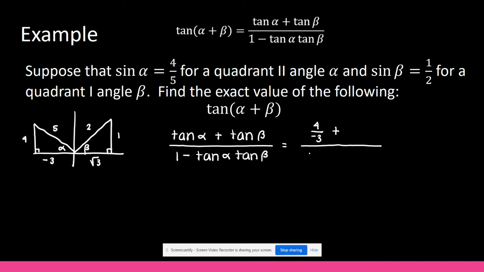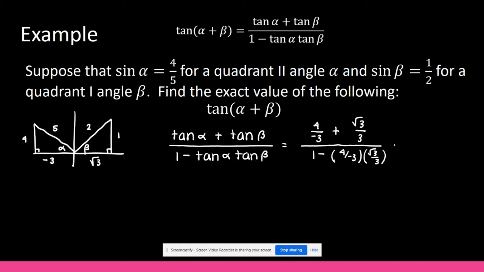That means that it's going to be not once, but it's going to be twice. All right, now I can go over to the first triangle and I want the tangent of beta. Once again, tangent is opposite over adjacent, so 1 over the square root of 3. That's going to rationalize into the square root of 3 over 3.